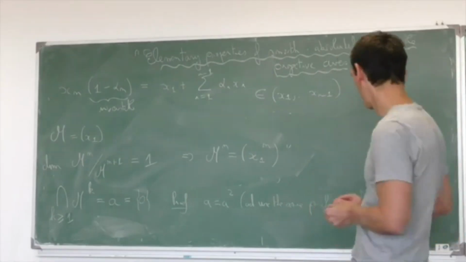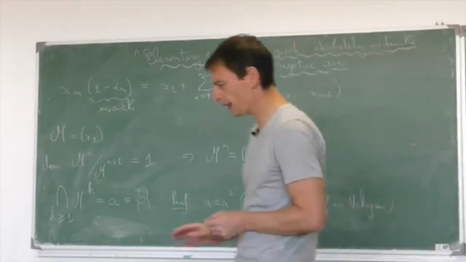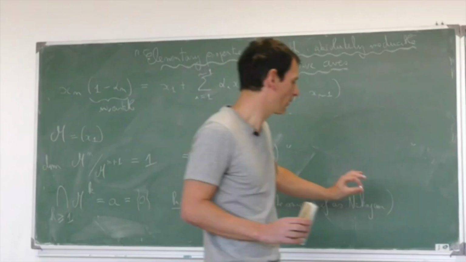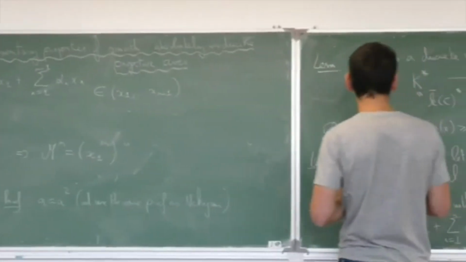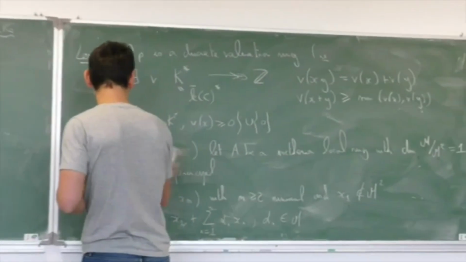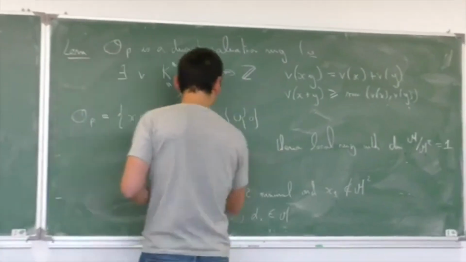All right. So let me go back. So that was some general statements that I did in the case of a general ring A. I'm going to come back to the notation O_P. So let me erase here.